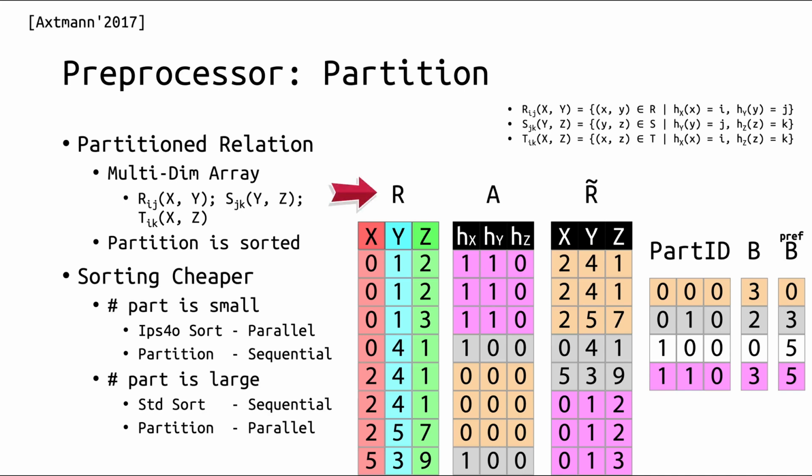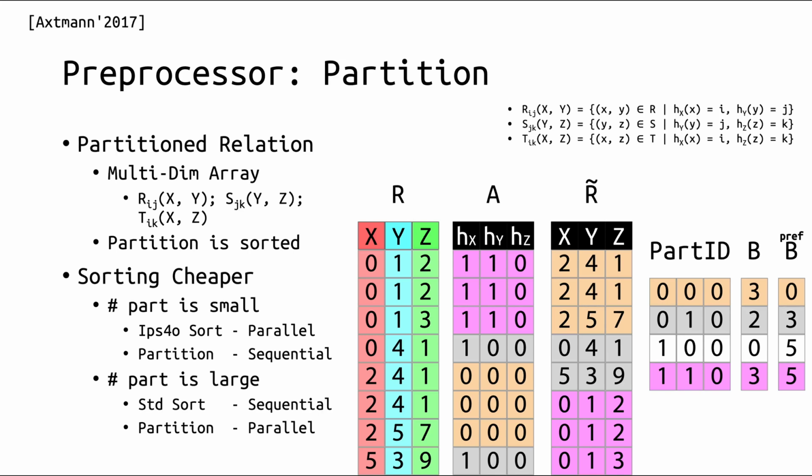For an input relation R, we first generate a partition identifier for each tuple by hashing its attributes using different hash functions and packing the hash values into an array. This step creates an identifier collection A and is done completely in parallel. In the meantime, we calculate the size and the offset of each partition for allocation, which here is just B and B prefix.